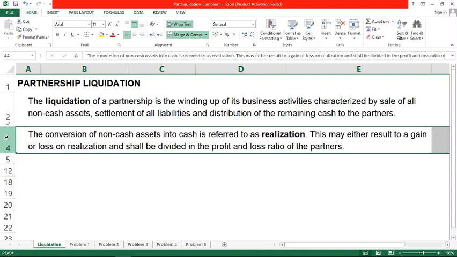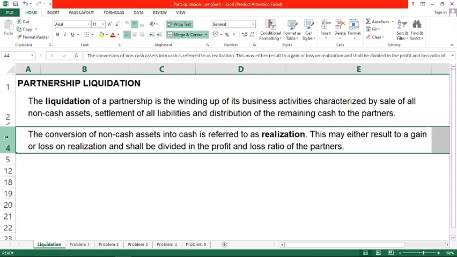Example, we have a non-cash asset, let's say an equipment worth 100,000 in the books of the partnership, and then the partners were able to sell that equipment for 120,000 cash. Basically, there's a gain of 20,000, right?